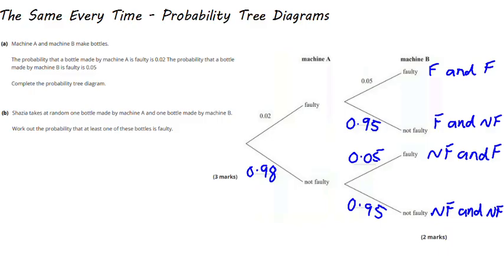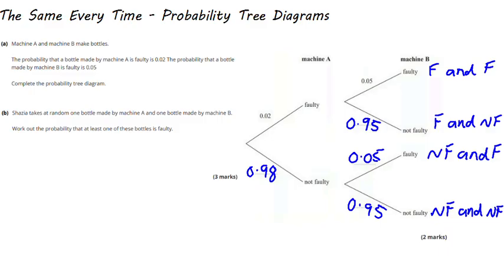So I have all my options written down, and that's going to help me with the next part of the question. By the way, it doesn't even matter if you're not sure what faulty actually means, because you can still fill in the diagram, can't you? So with these maths questions, you don't have to understand every individual word to be able to do the question.